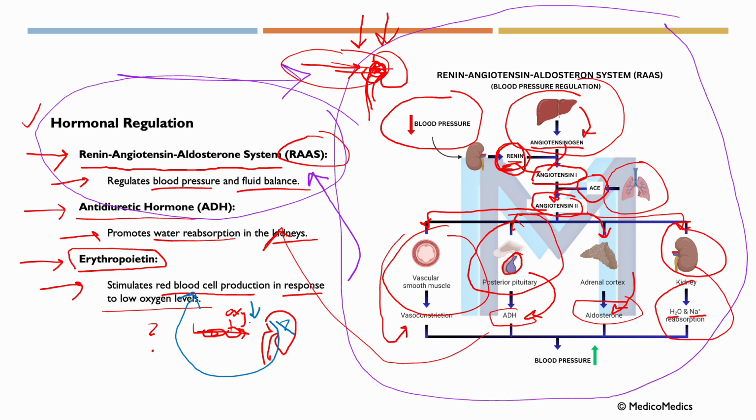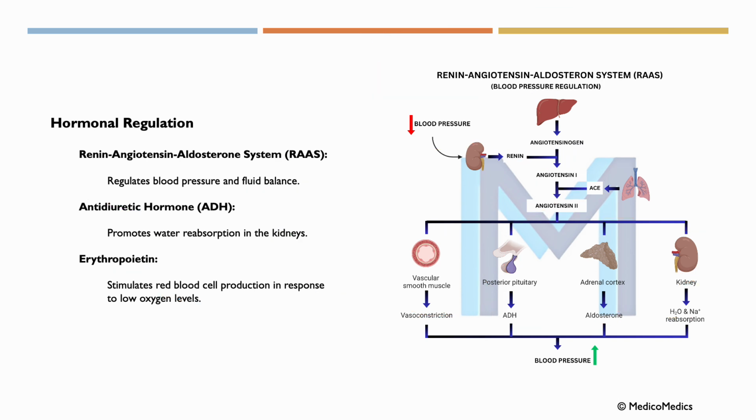So let's, for the sake of clarity, repeat all of this one more time. Now, how does our kidney detect low blood pressure? Well, there is a reduced blood flow, right? As mentioned, we have these renal arteries entering the kidneys.